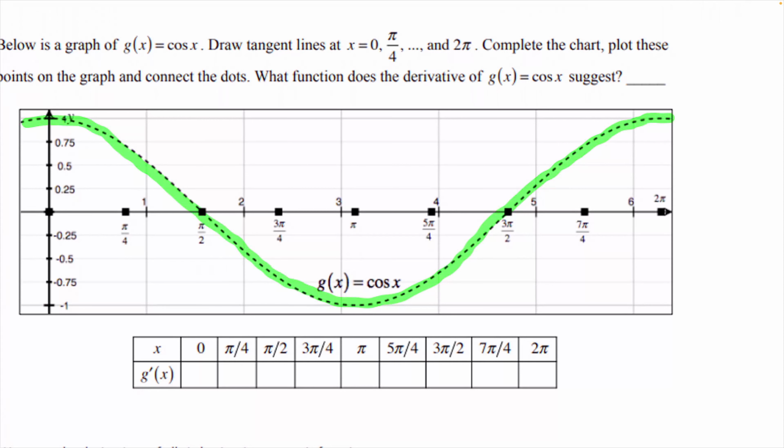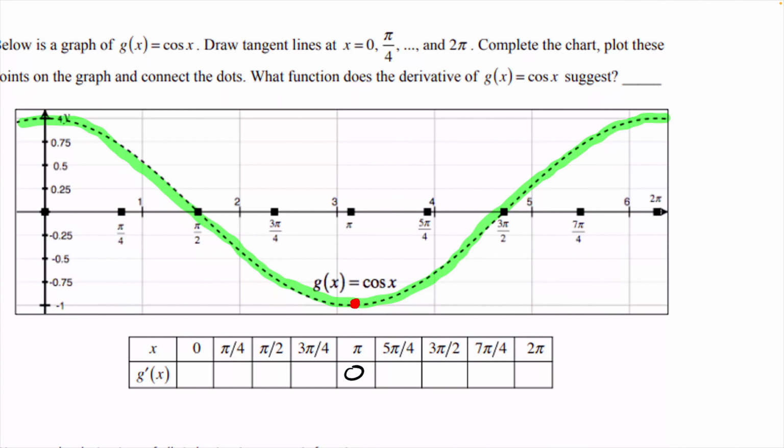At pi, the tangent line would look like this, so the derivative at pi is 0. Where else? There are actually 3 spots where it would be 0. When x is 0, good. And when x is 2 pi. 0, 2 pi. Good.